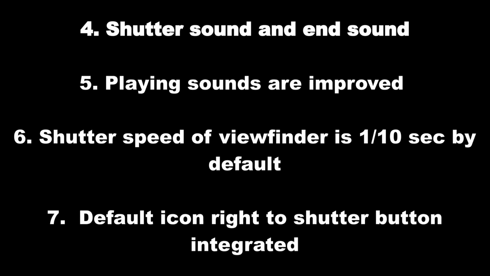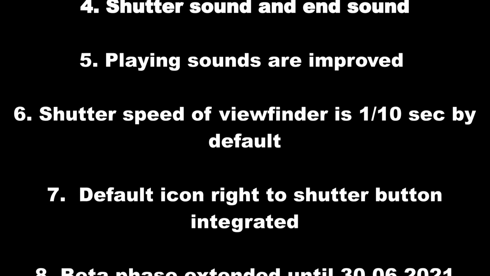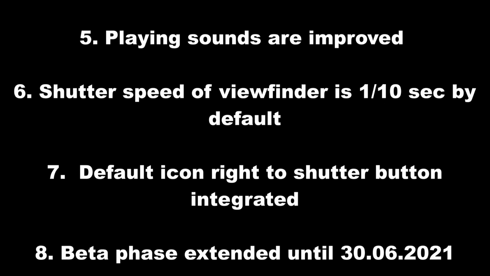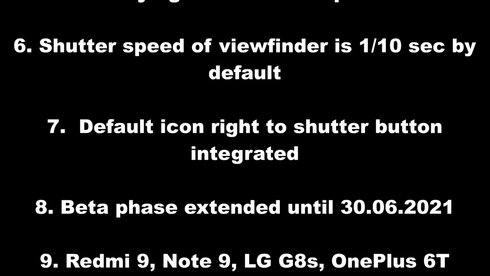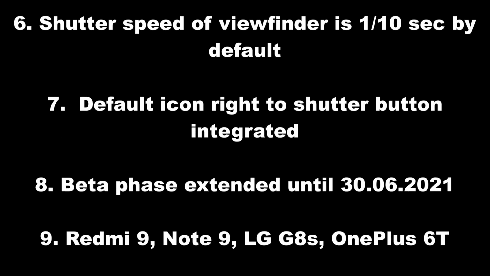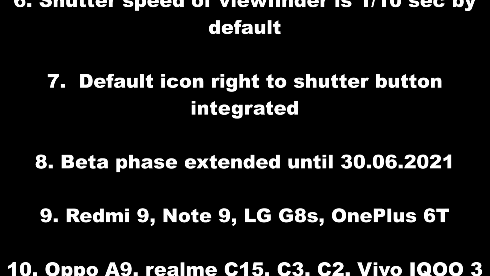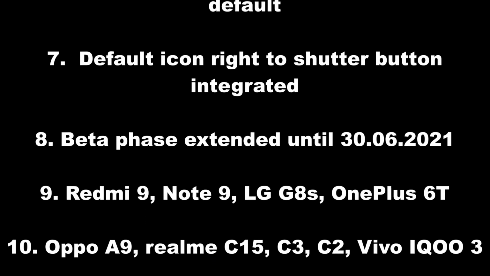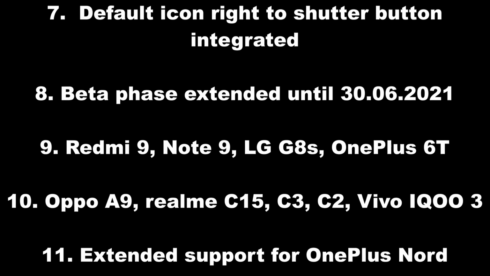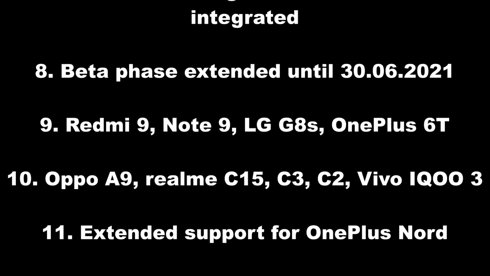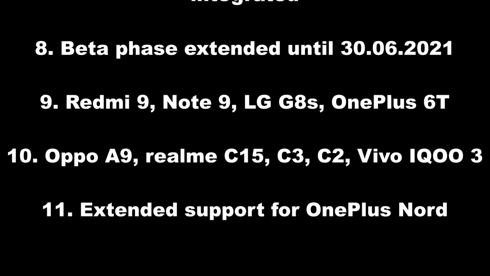Playing sounds is improved. And when you install the app for the first time, the default shutter speed of the viewfinder is 1/110 seconds. I've added a default icon right next to the shutter button. That's the default icon of the internal file browser.